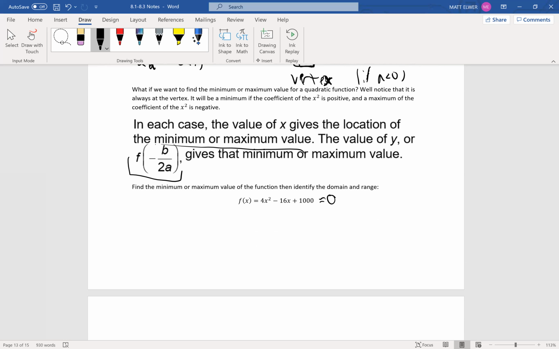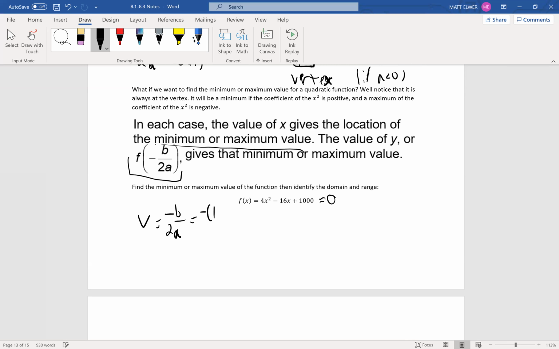So if I want to find out where my vertex is, I need to find out what my x is, or I should just say vertex, right? So my vertex is equal to negative b over 2a. That's my x value for my vertex. Notice that my negative b over 2a, negative b is a negative 16, which is positive after we have the negative.